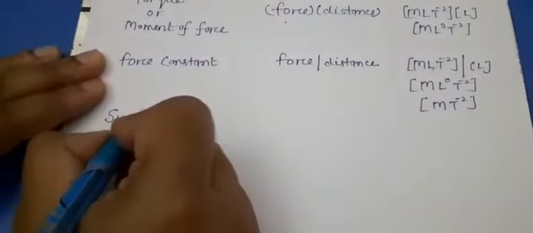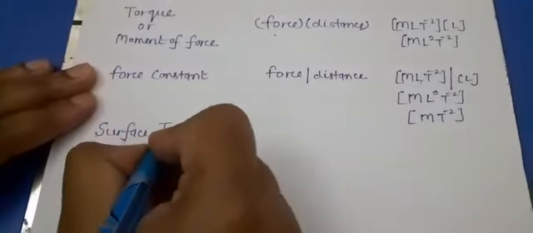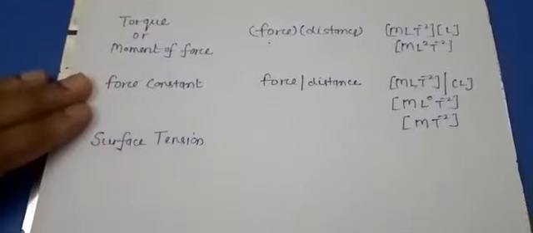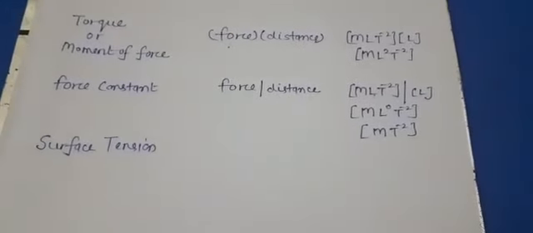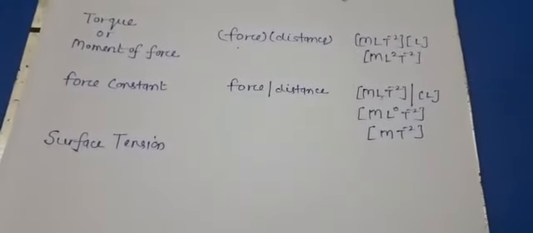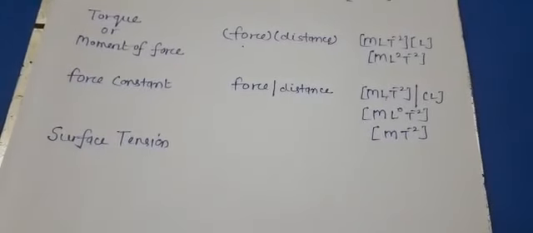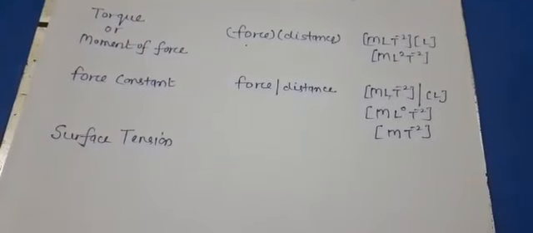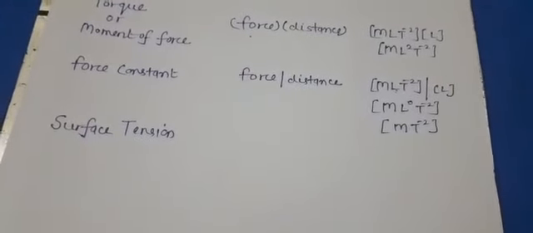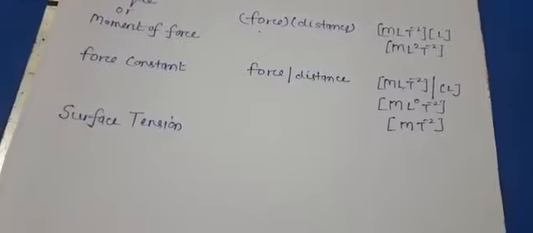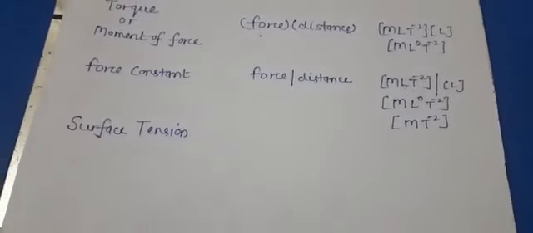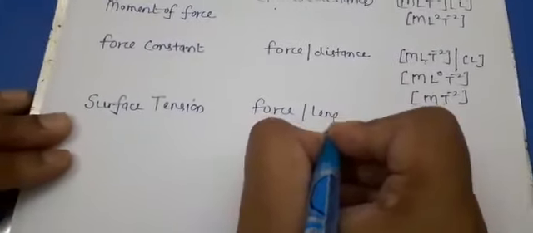Then next is surface tension. Surface tension is a new term related to the concept of surface tension for liquids. When the liquid is at rest, this concept we will study. This is a property of liquid. Its formula is force per unit length.